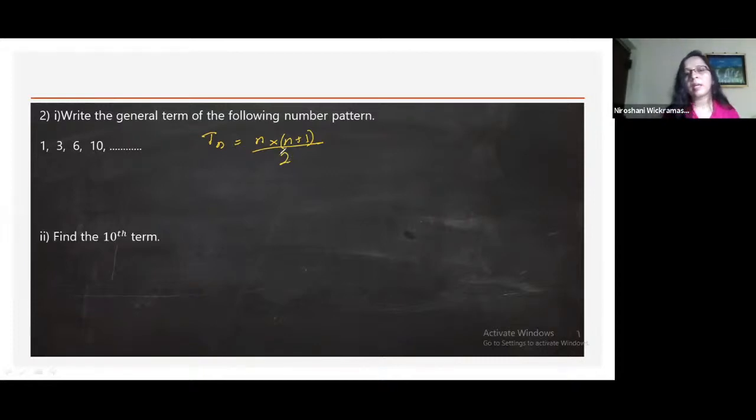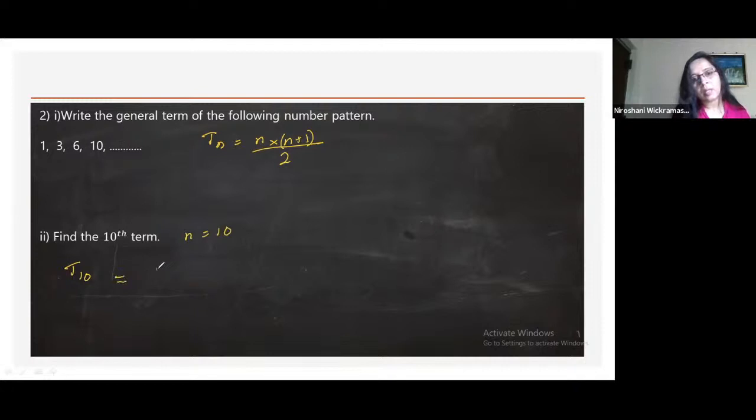So we can write the general term like this: Tn equals n into n plus 1, divide by 2. Now we have mentioned the general term. Find the 10th term. We have to find T10. It means n equals 10.